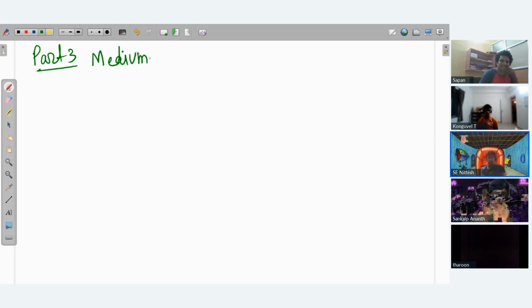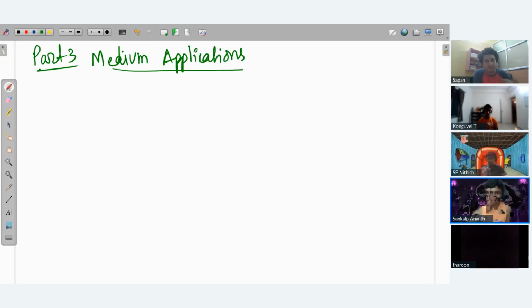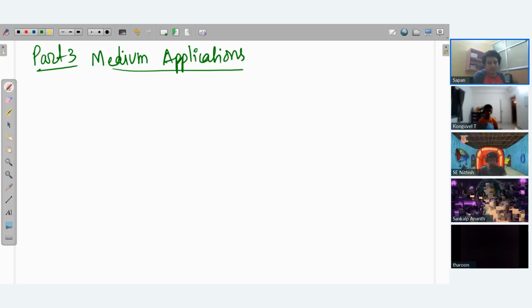Now this is going to be super duper, I mean, easy. In the basic, the calculations were easy, but the concept was medium complex. In medium applications, we will see certain laws which will help us in calculating.